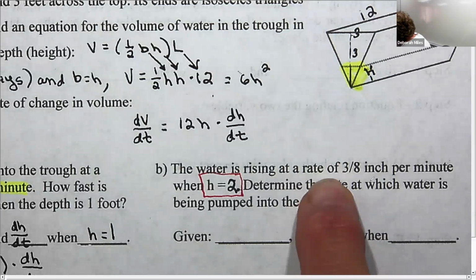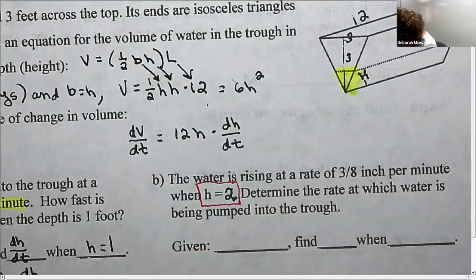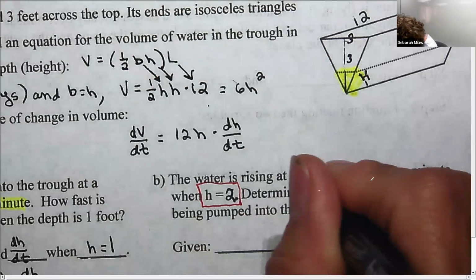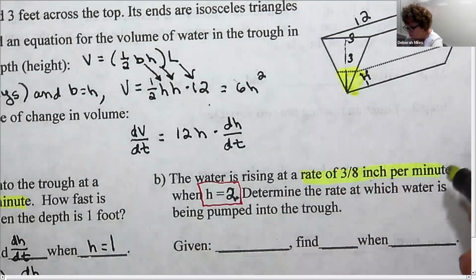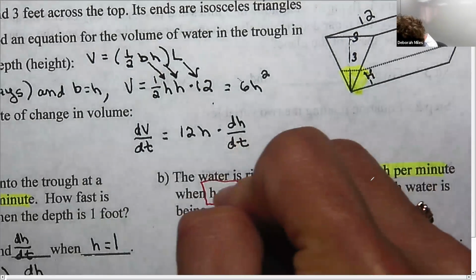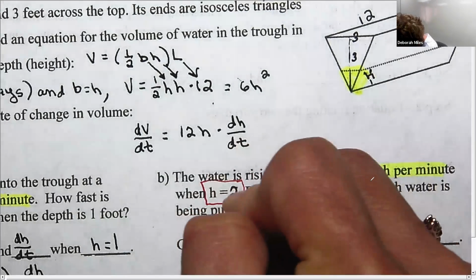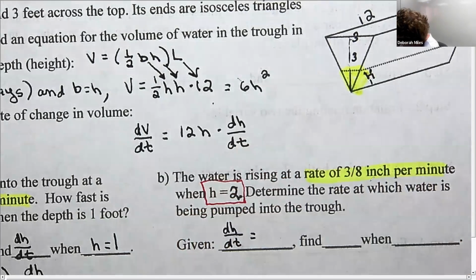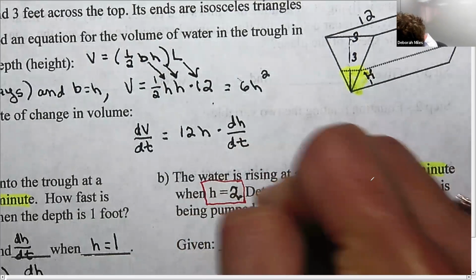What's that a measure of? That's a change in height per minute. So it's a rate. And what symbol will I use for that rate? They're giving me dH over dt. That is 3/8.